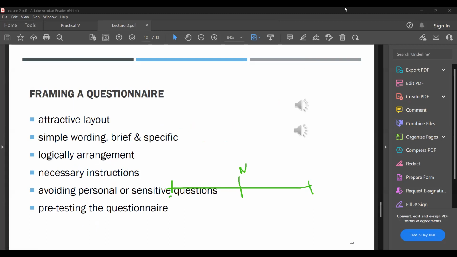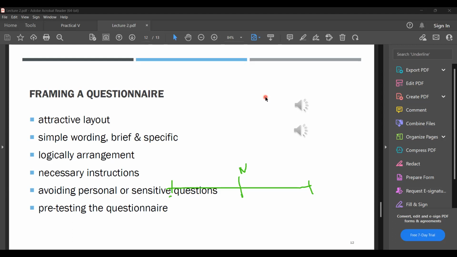And also necessary instructions should be given. For example, question number 5 is, are you a university student? Some of your respondents may be university students, some may not be.